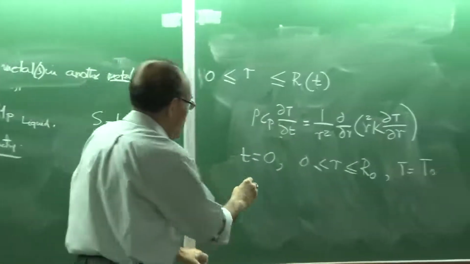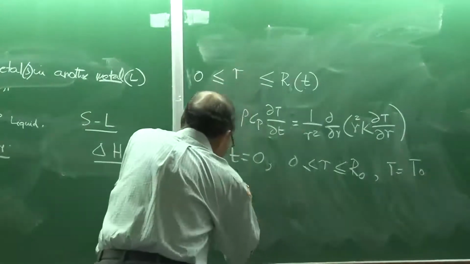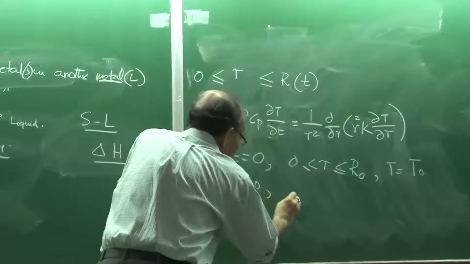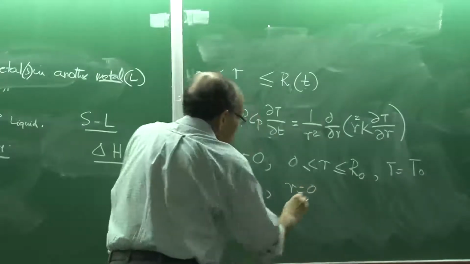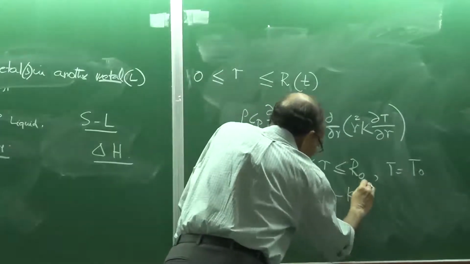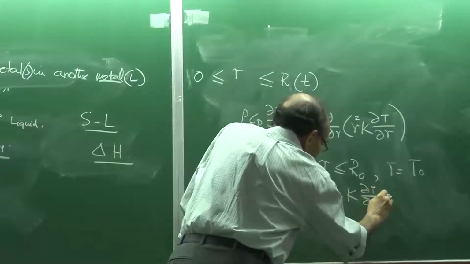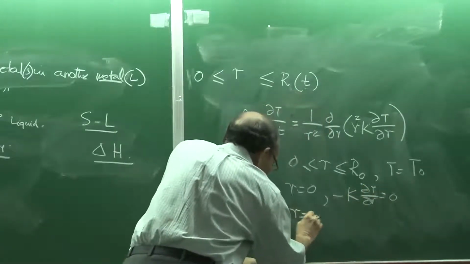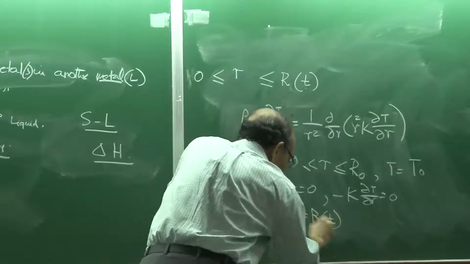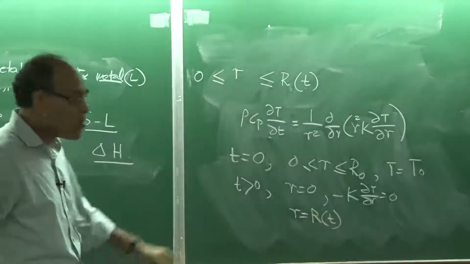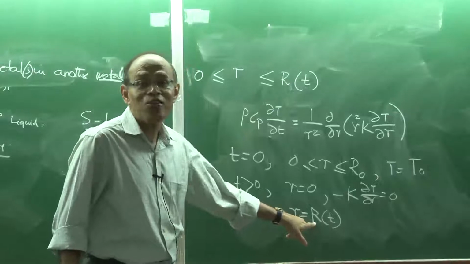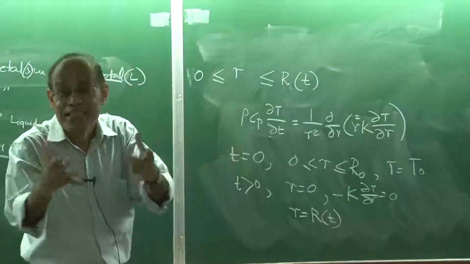And then at R equal to 0, for t greater than 0, I have the standard boundary condition because of symmetry. At R equal to R0, I cannot write the boundary condition, because R0 is not fixed, it itself is changing.